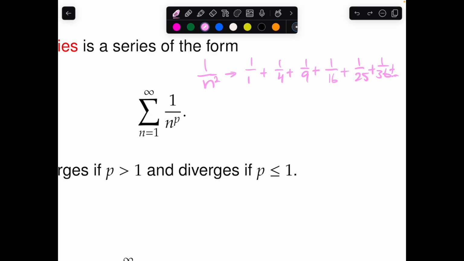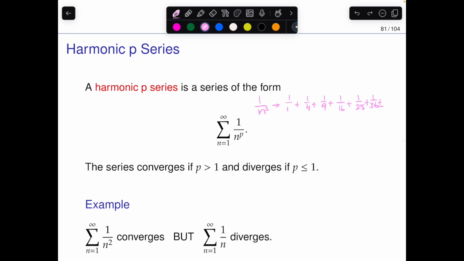Which essentially means, if you look at the grand scheme of things, you'll start off with 1, and then it'll be 1 1/4, and then it'll be 1 1/9, 1 1/16, and it basically flattens out completely. And that's saying it converges to a specific value. And because you can't make those same halves here, even though you have infinite terms, they get small so quickly that we can say it converges.